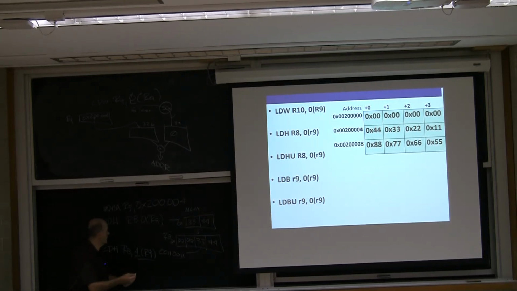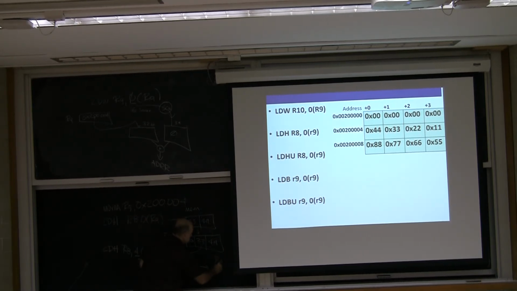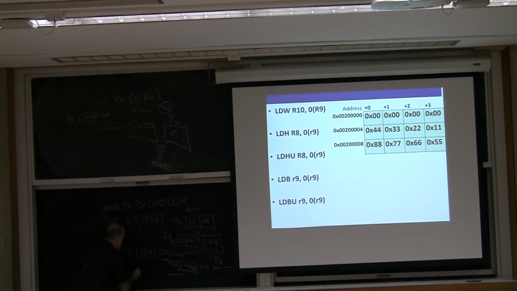Yeah, because this is what's going to happen. I wish I had different numbers. We're going to get the following, 0x7788, and then that's going to get translated into R8 again as this. Sorry, you won't be able to see there. 00007788. So that's not a very good example, but I'll do it with a byte in a second. Okay, everybody okay with this?